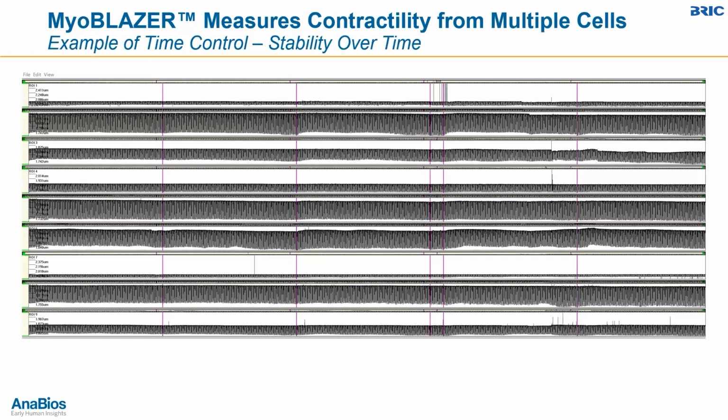So we start the experiment with 5 minutes of baseline recording, and then we mimic an experiment with a drug at 4 concentrations, and you can see we were able to record from multiple cells with good stability over time. This means that if we test a drug in the MyoBlazer system and we see an effect, it is highly likely to be drug related and not an effect due to instability of the contractility transient we are recording using this new platform.